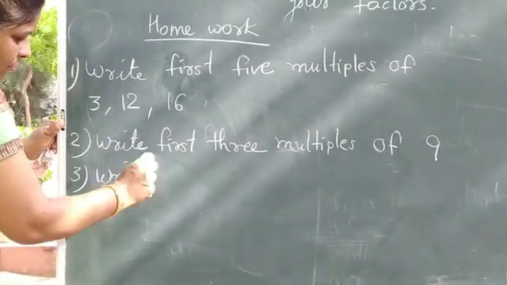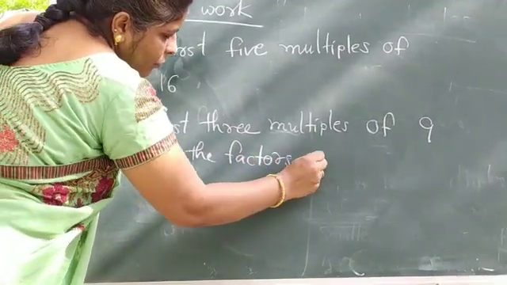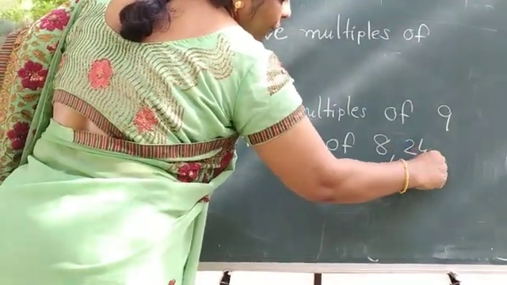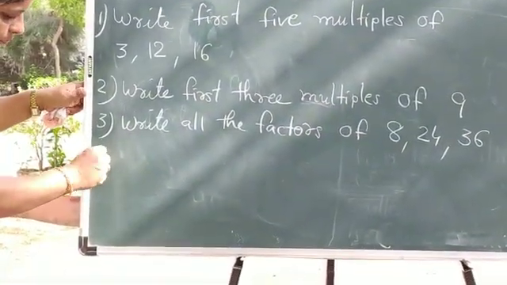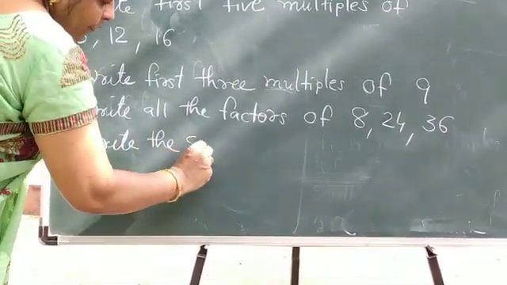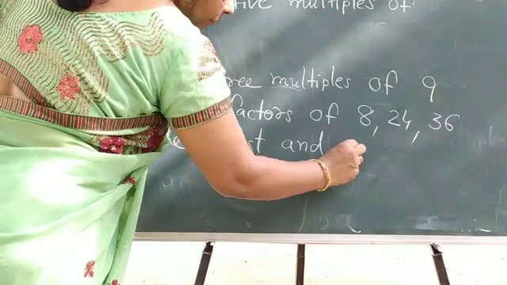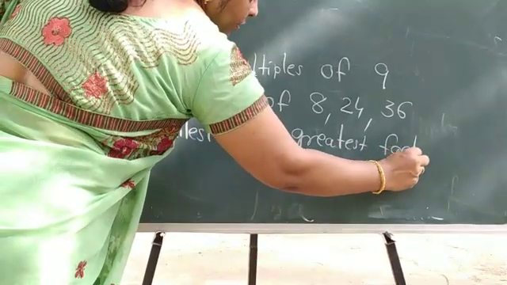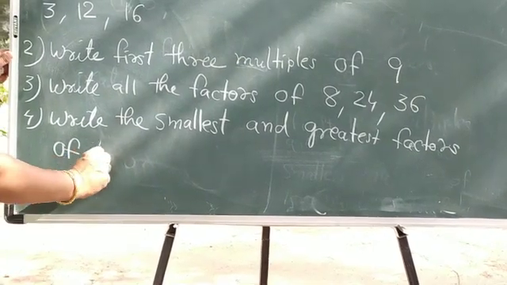Write all the factors of 8, 24, 36. Write the smallest and greatest factors of 42.